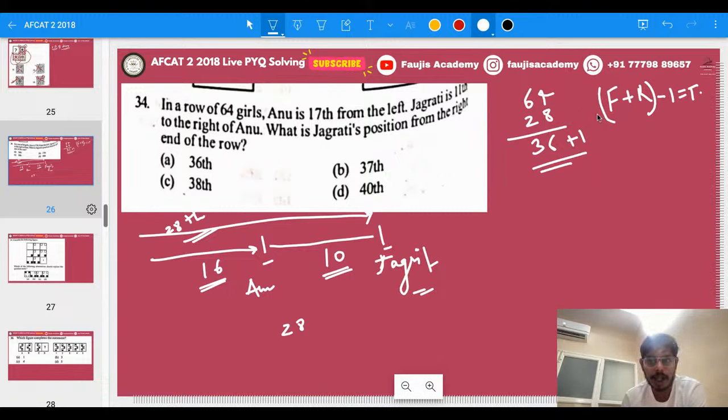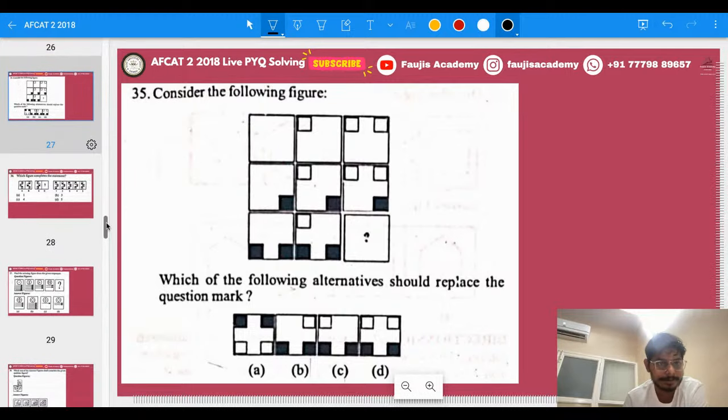We know the rank from front is 28, we don't know the rank from rear. We solve this to get 37 as the answer. So the answer to this particular question will be D. All right. This is a good one.